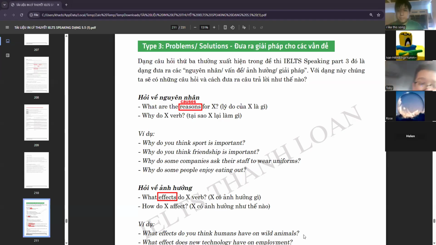All right. So the causes here, they would usually ask you about the reason why something happens. That's the basic definition for causes. It is why something happens. So usually it would ask why one thing is important, or why do some things happen.